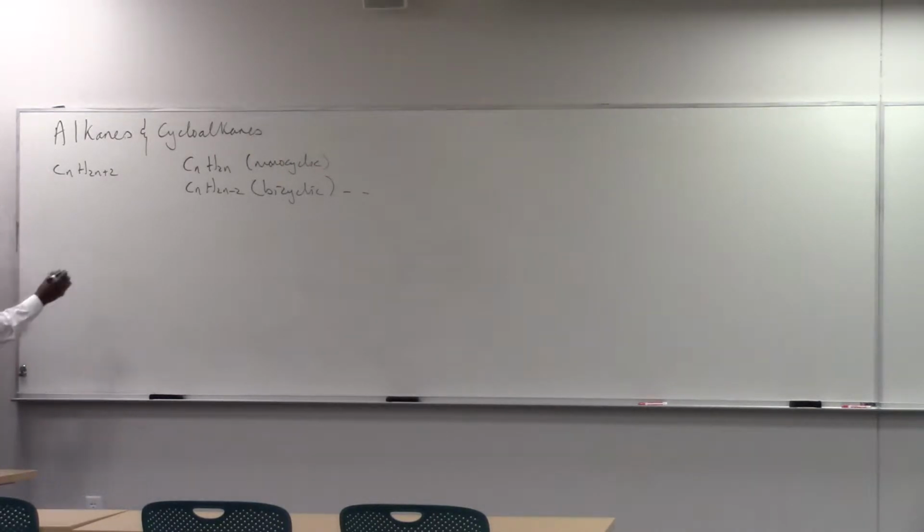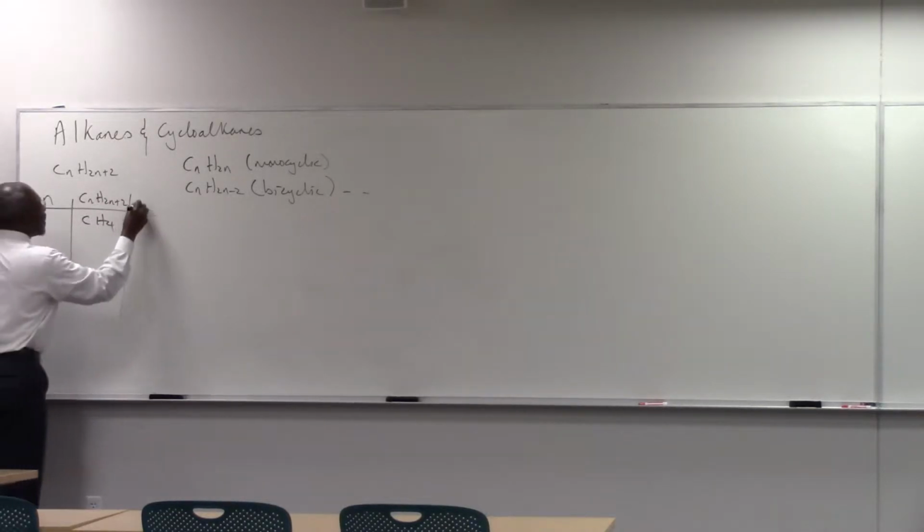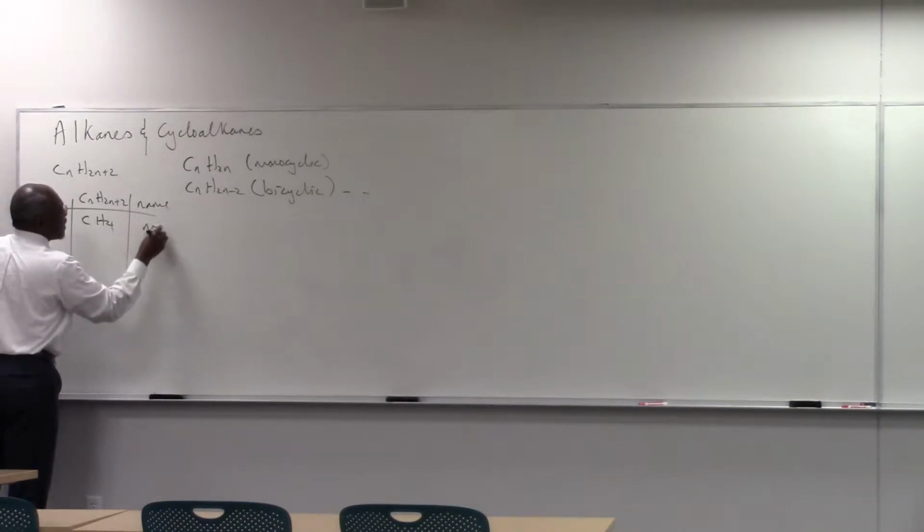So you remember that if I look at CnH2n+2, then as the value of n changes, as n is 1, then my CnH2n+2 becomes CH4, and that name is methane.